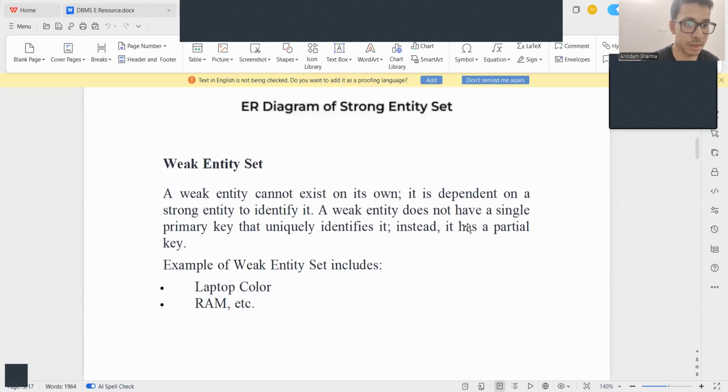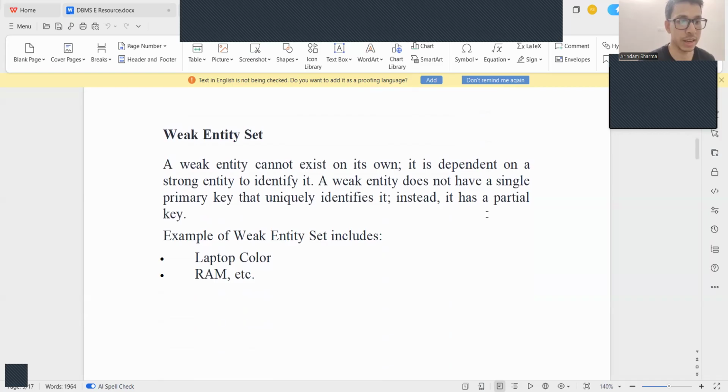Now see, what is a weak entity set? A weak entity cannot exist on its own. It is dependent on a strong entity to identify it. A weak entity does not have a single primary key that uniquely identifies it. Instead, it has a partial key. Example, laptop color, RAM.